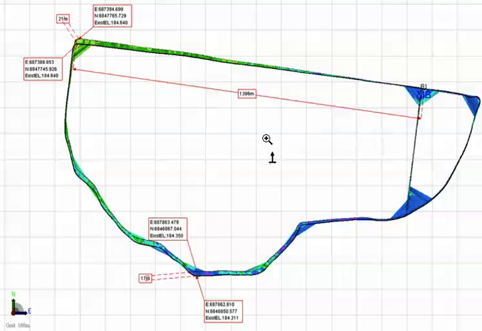On this field, it's quite flat, very flat field. So this 20-meter horizontal error, we tested and found.